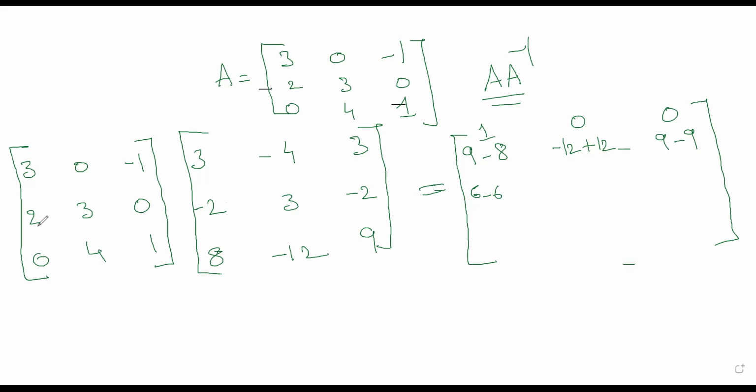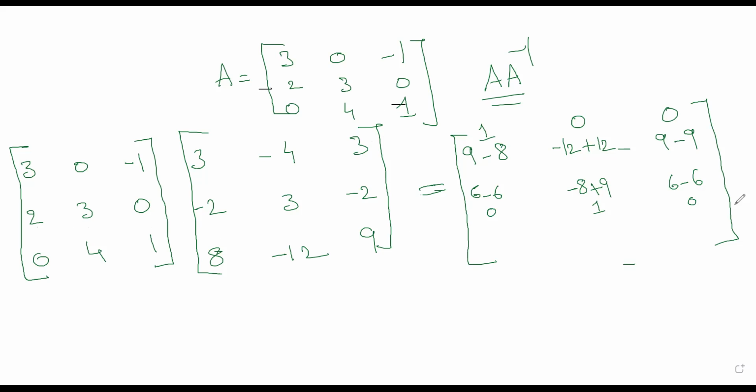Now, 2 into minus 4, that is minus 8. 3 into 3, that is plus 9. Next is 0, right? So here I got 0, 1 already. You will get 0 here. You see this. 2 into 3, 6, minus 6, right? 6 minus 6 we got. That is anyway 0.